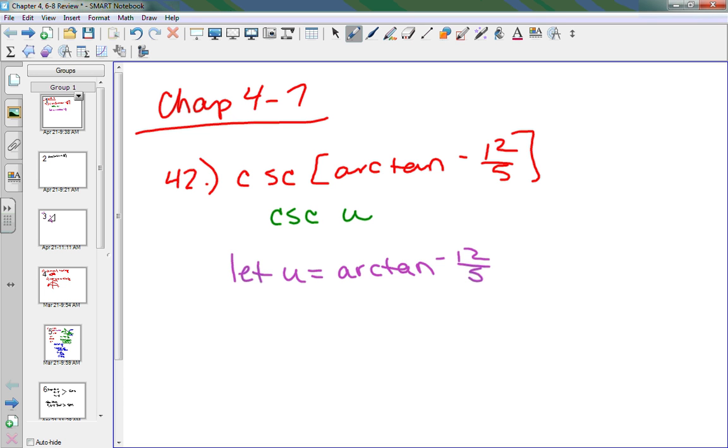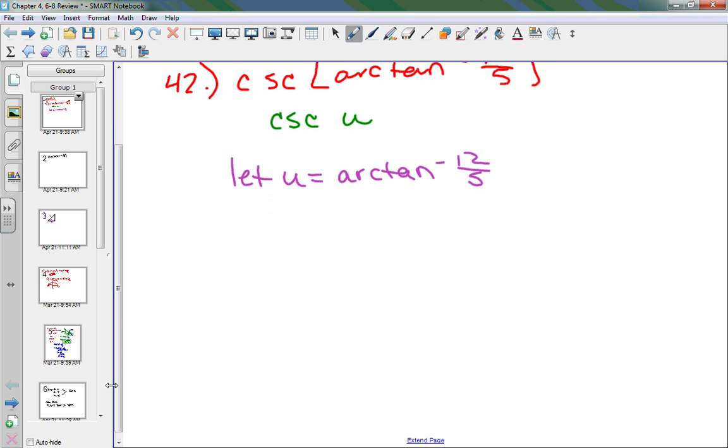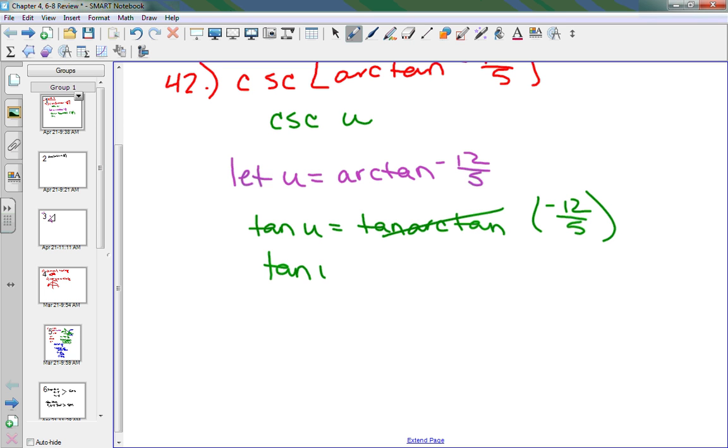Yes or no? So if u is the arc tan, how do I get rid of the arc tan? What do I have to do? I'm going to times both sides by the tangent. Okay? These cancel out, and I have the tangent of u is equal to negative 12 over 5.